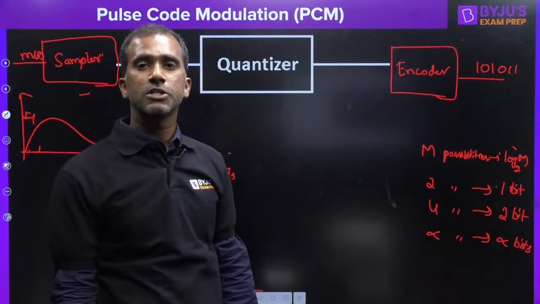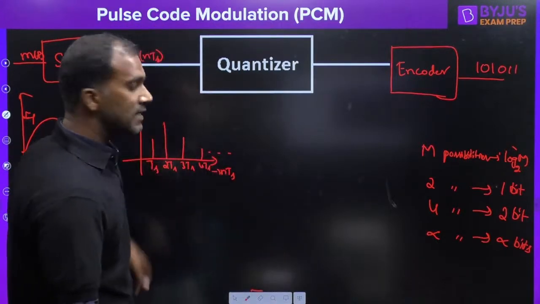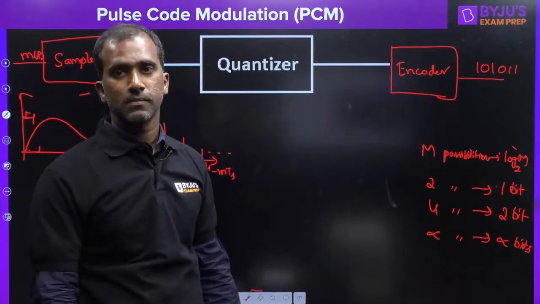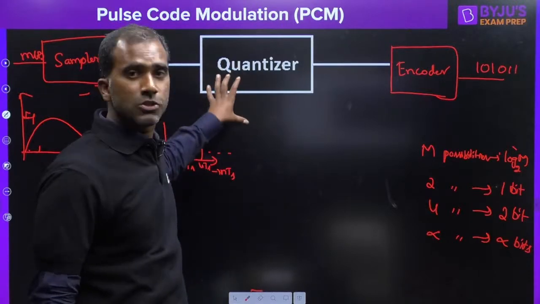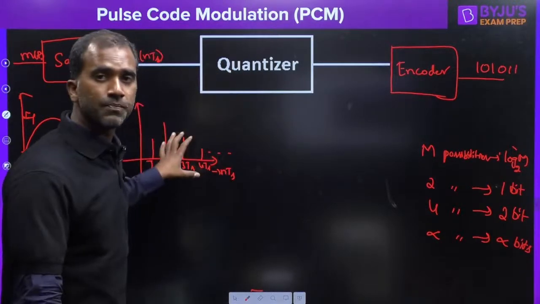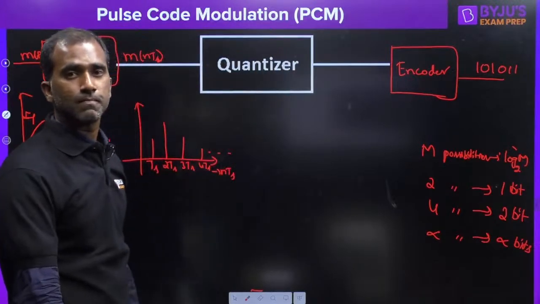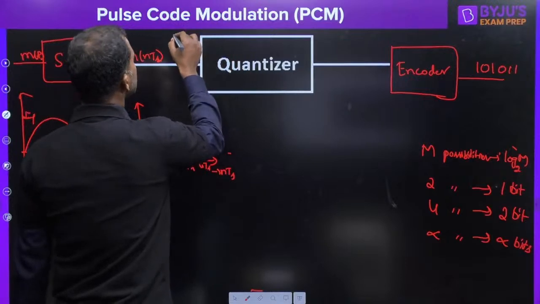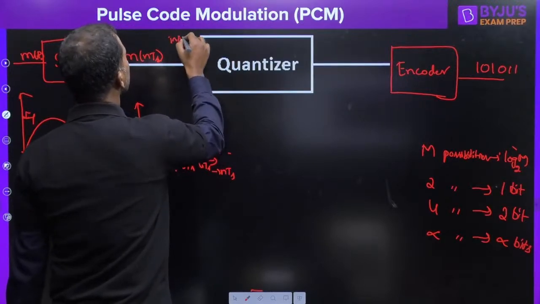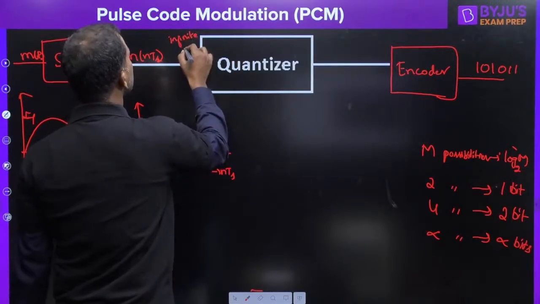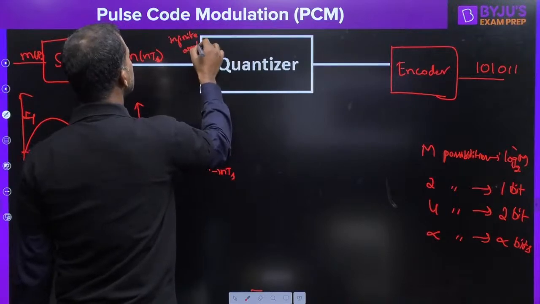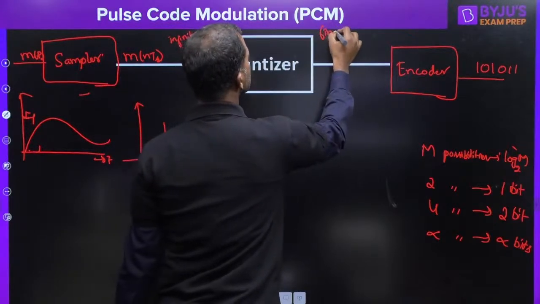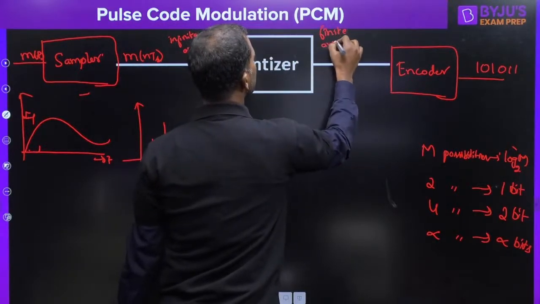The job of a quantizer is to convert infinite possible amplitudes to finite possible amplitudes.